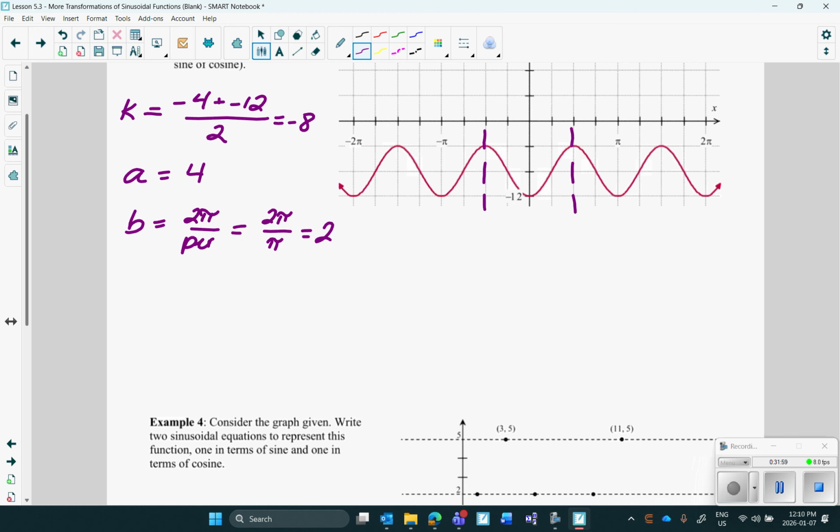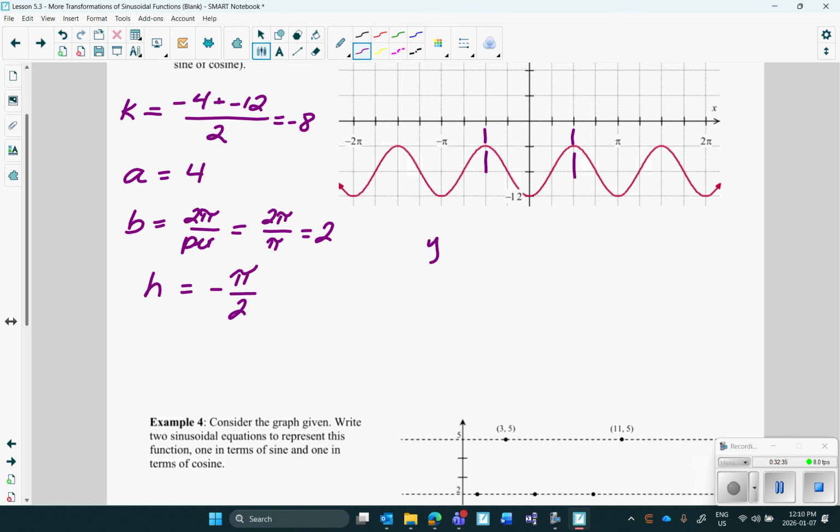Now, H all depends on whether you did sine or cosine and which one you decided to look at. If I did cosine, and if I looked at this one, that's the same as shifting back 2 notches, or 2 pi over 4, which is the same as negative pi over 2.